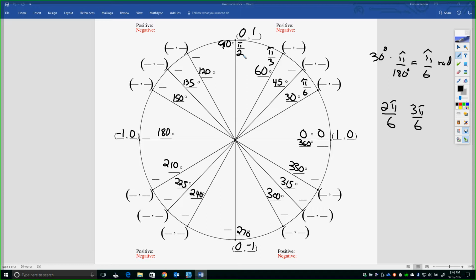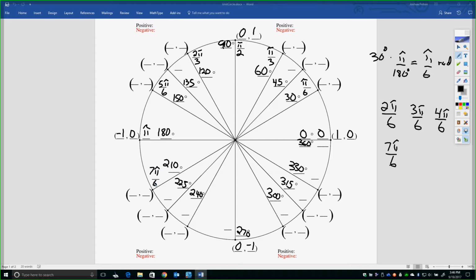And the next one is 4/6, which is really 2 pi over 3. The next one is 5/6. 6/6 is just pi because it cancels out, right? And then we have 7/6. Nothing cancels there.